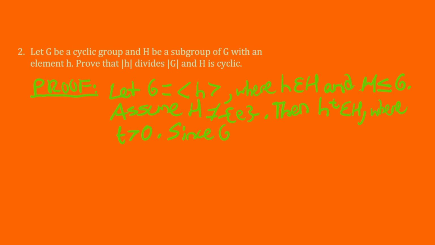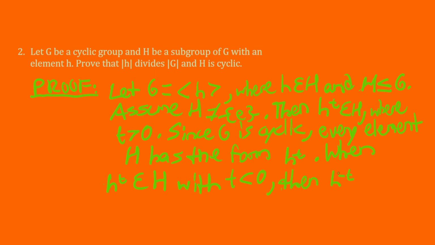So since G is cyclic, every element has the form h^t, and when h^t is an element of H with t less than 0, then h^(-t) is an element of H with -t greater than 0.